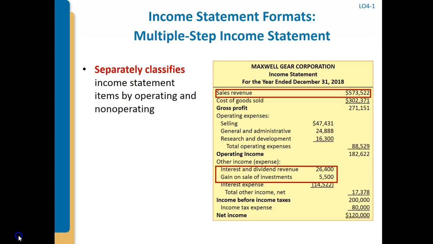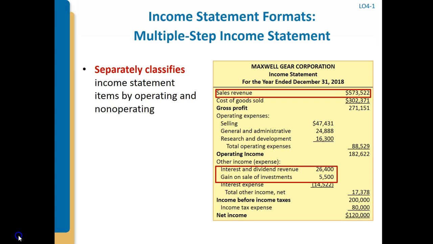Now, a multi-step income statement format reports a series of intermediate subtotals, such as gross profit, operating income, and income before taxes. Most of the real-world income statements are using this format. A primary advantage in this multiple-step format is that by separating the operating and non-operating items, it provides information that's useful in helping to analyze trends.